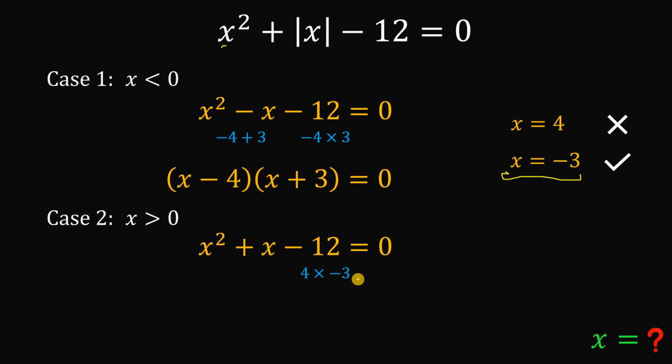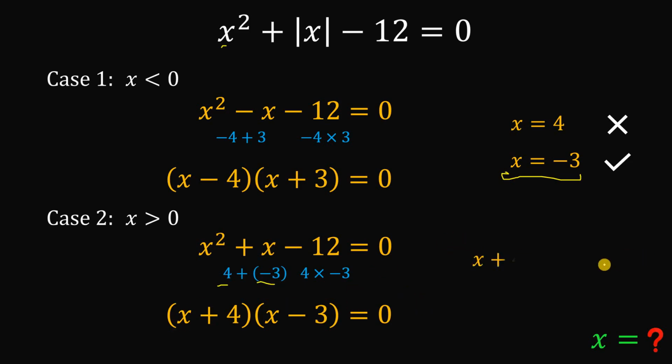Those two numbers are 4 and negative 3, because when we add 4 and negative 3, we get positive 1. So our factored form is simply x plus 4 multiplied by x minus 3 equals 0. Now, using the zero property, we can say that x plus 4 equals 0, or x minus 3 equals 0. And solve for the values of x.